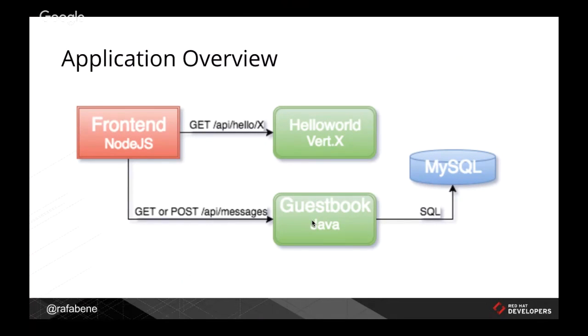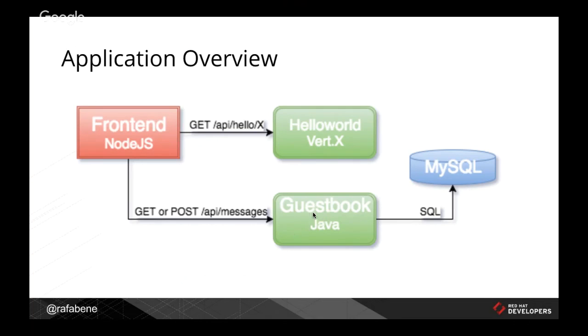We'll deploy two applications here, one called guestbook. It's written in Java, implemented using WildFly Swarm. And another one is another microservice called Hello World. It's implemented using Vert.x, which was presented last time on DevNation. And there will be a front end written in Node.js that will use both microservices.